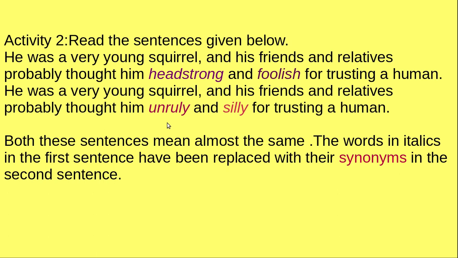Synonym means paryaya padam, right? For word enrichment, we have to learn synonyms, antonyms, related words, derivatives, and such like things. That is what we are practicing here, right? We will see what should be learned when we learn a word. Foolish, silly is a synonym of foolish. That means foolish and silly are of almost the same meaning.